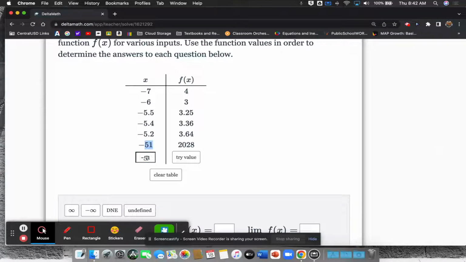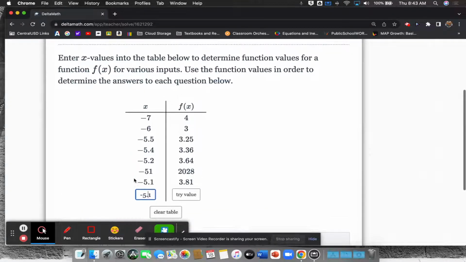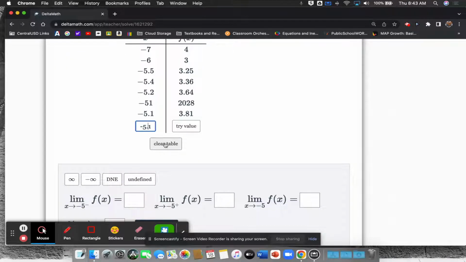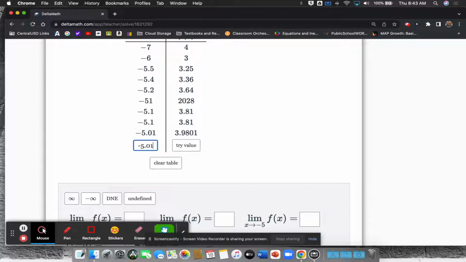Oops, can't go back. Just don't look at that one. -5.1. Right? So it looks like a, oops, didn't hit enter. Oh, let's see, try -5.01. -5.001.